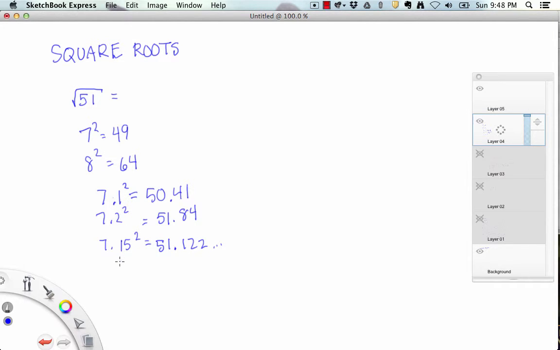We're always trying to get closer and closer to our result. And what number we pick, we can pick with experience. Okay. So what would you think? It's in between these two, right? So we can get closer and closer.